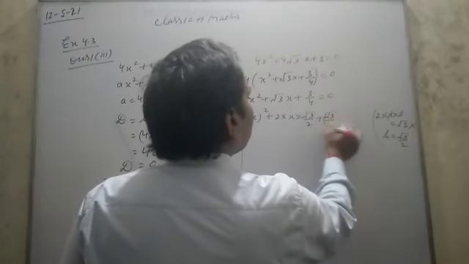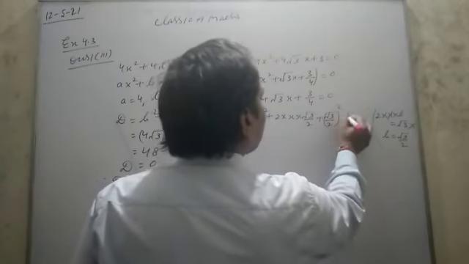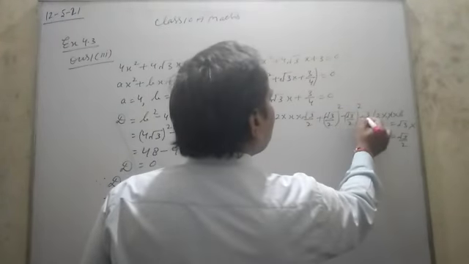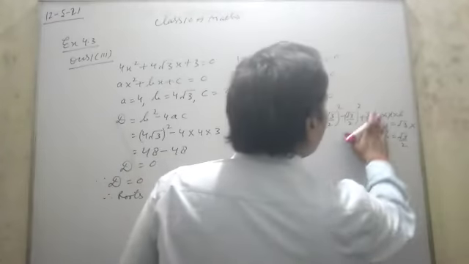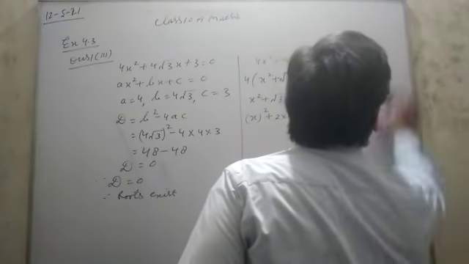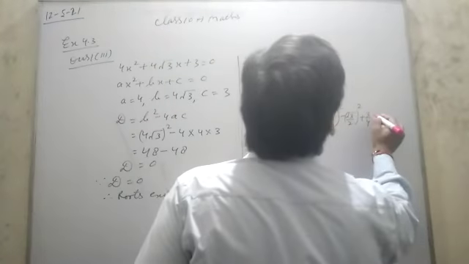So x square plus under root 3 x plus under root 3 by 2 whole square minus under root 3 by 2 whole square plus 3 by 4 is equal to 0.